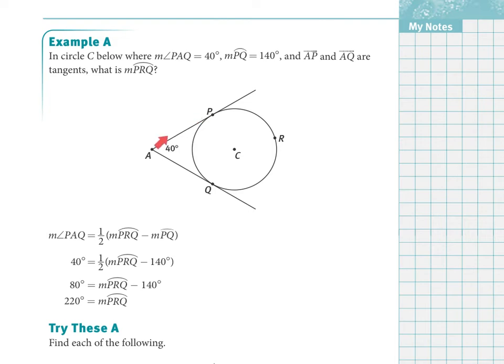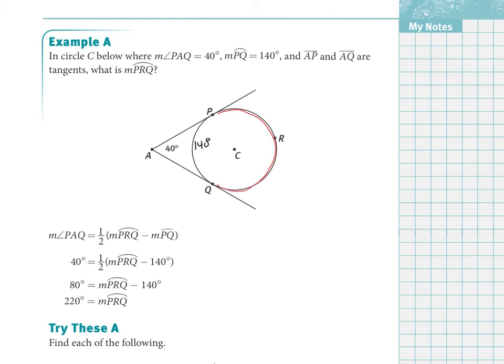So we have this is 40 degrees. We have the measure of arc PQ is 140, so I could label that on there, 140 degrees. And then it says AP and AQ are tangents, so we want to find the measure of arc PRQ, so this whole guy out here.